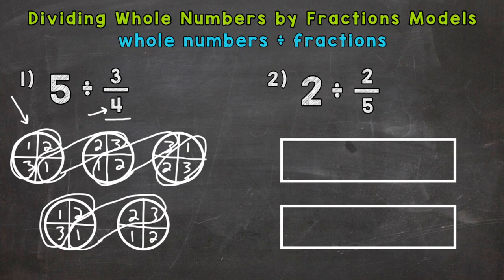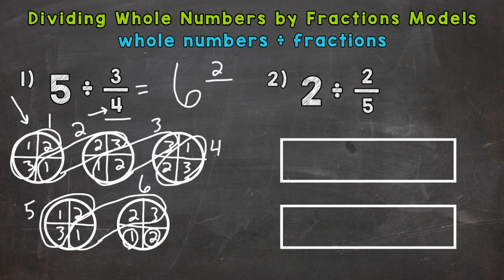So now we need to see how many whole groups of 3/4 we have. So 1, 2, 3, 4, 5, and 6. So that's the whole number part of our answer, 6 whole groups of 3/4 within those 5 wholes. Now we have these 2 pieces left over, so that's the numerator of our fractional part of our answer.